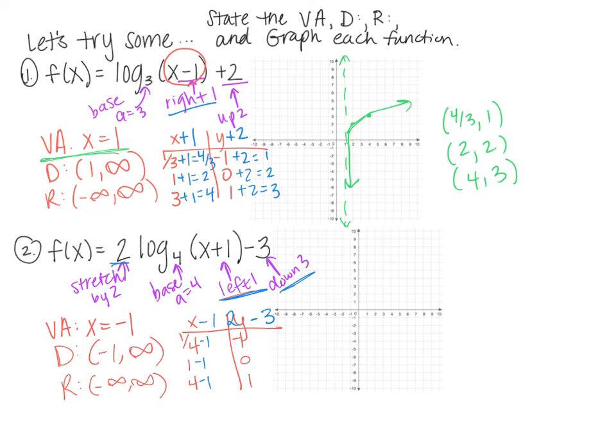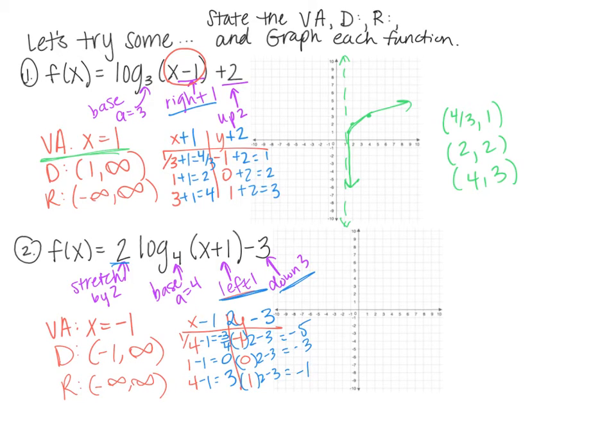Subtract 1 from all my x's, which will give me -3/4, 0, and 3. Multiply by 2 and then subtract 3 for each of these y values is going to leave me with -5, -3, and -1. All right.